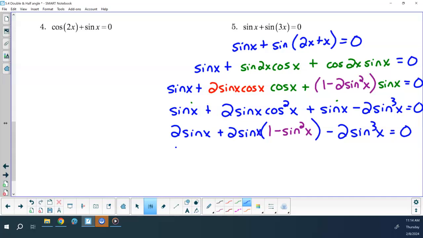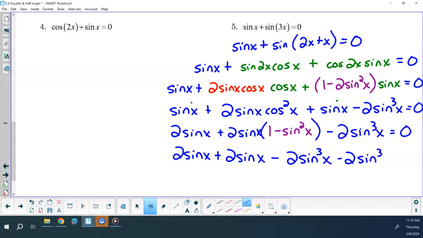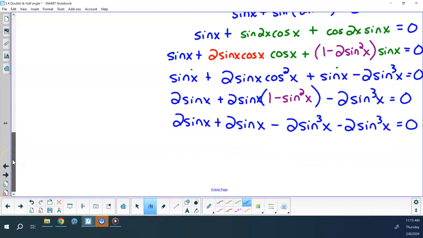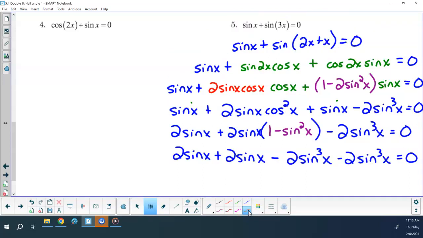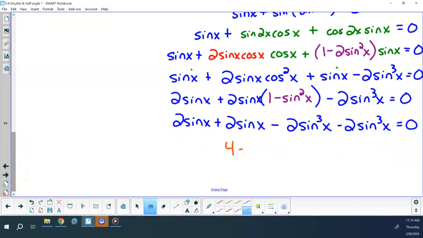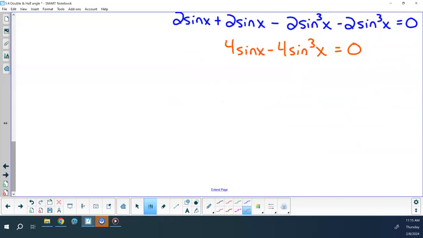So then that's going to be 2 sine of x plus 2 sine of x minus 2 sine cubed of x minus 2 sine cubed of x. Okay, what do we got? Okay, now what?